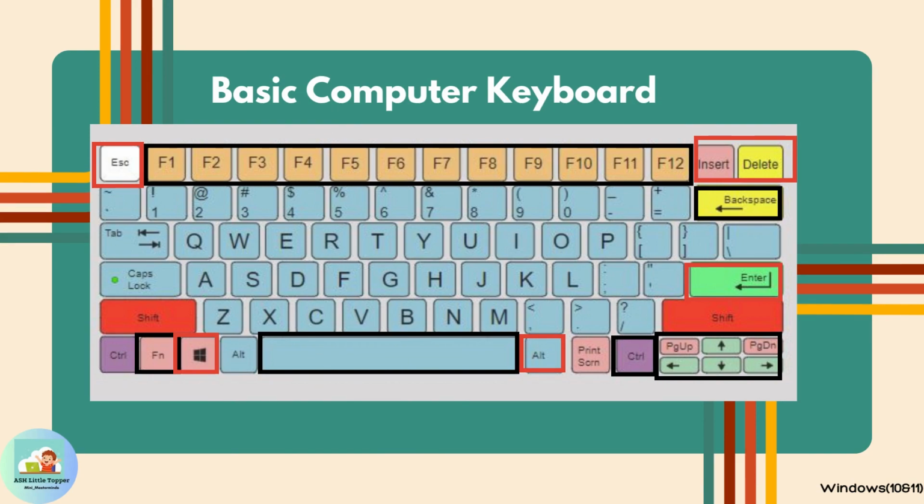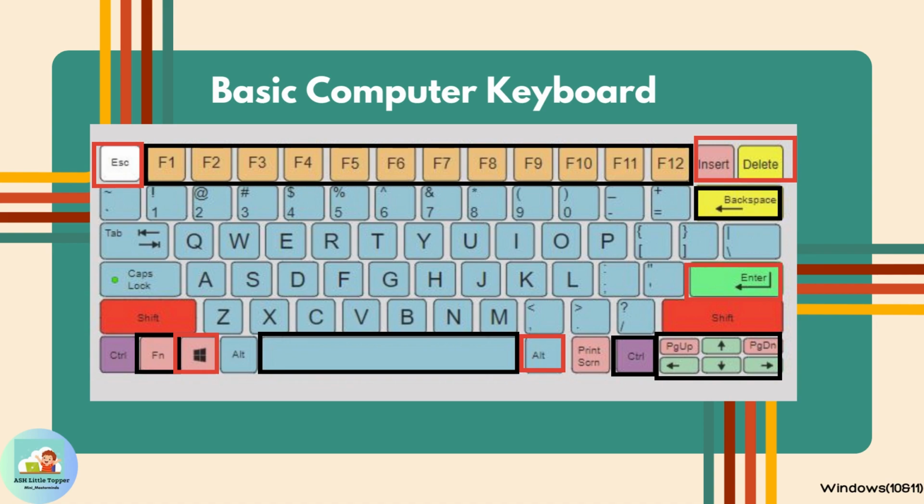The picture represents the basic computer keyboard. It has 6 rows. First top left is the escape key, followed by F1 to F12 enhanced function keys, which is followed by insert and delete key. Second row consists of number pad with special characters followed by backspace key.